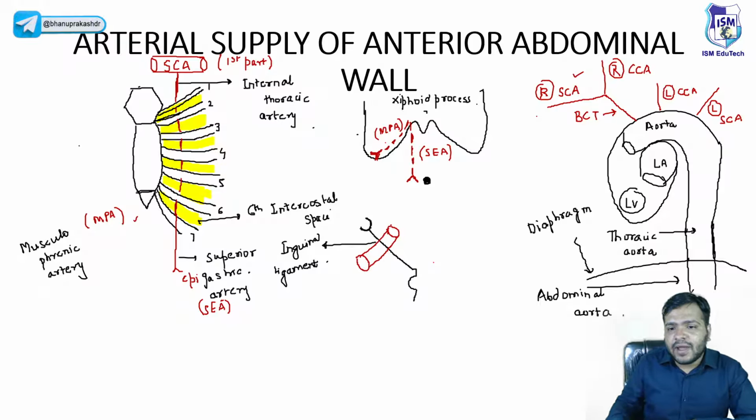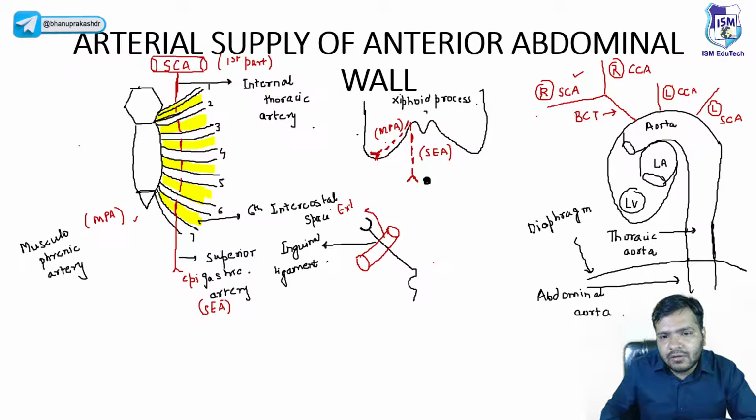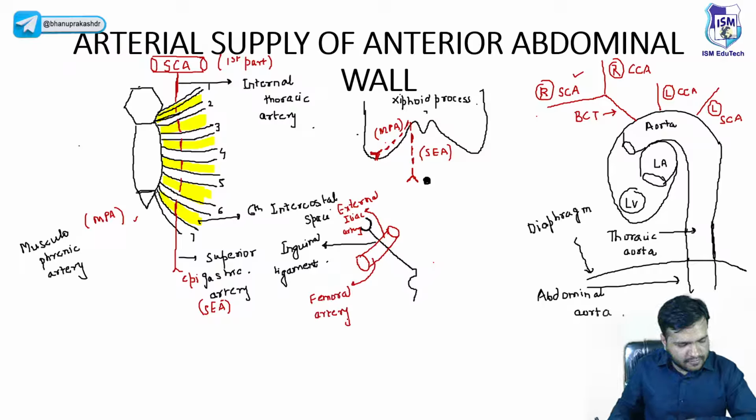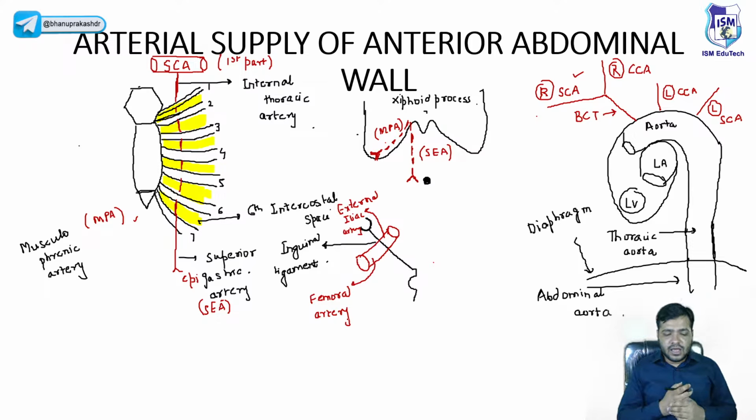Part above the inguinal ligament is called the external iliac artery. And part below the inguinal ligament is called the femoral artery. Femoral artery.